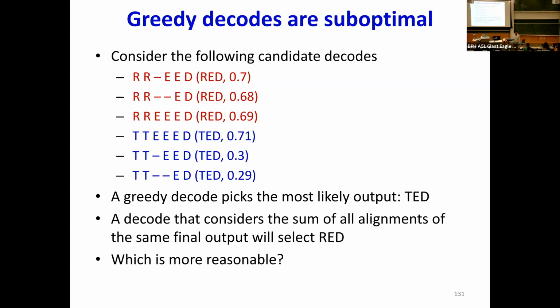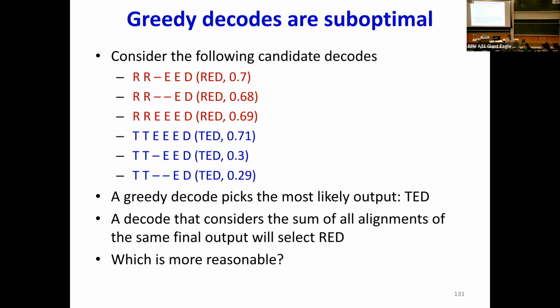I find that RR blank EED has a probability of 0.7. RR blank blank ED has a probability of 0.68, and REED has a probability of 0.69. I also get probabilities for sequences with T, E, and D, and I find that TED with no blanks has a probability of 0.71. But the other alignments of TED have very low probabilities.